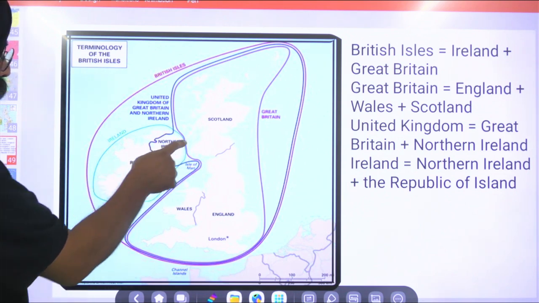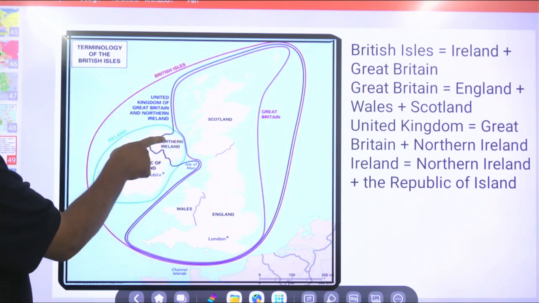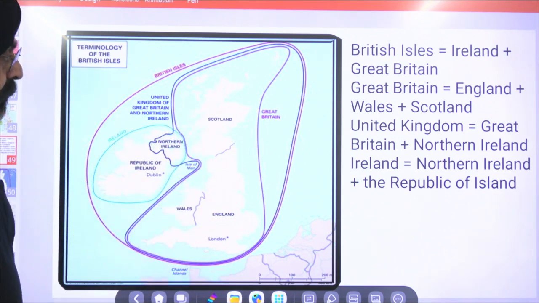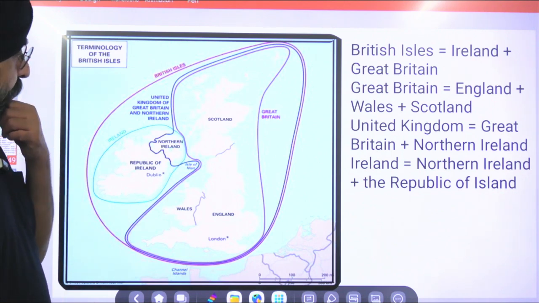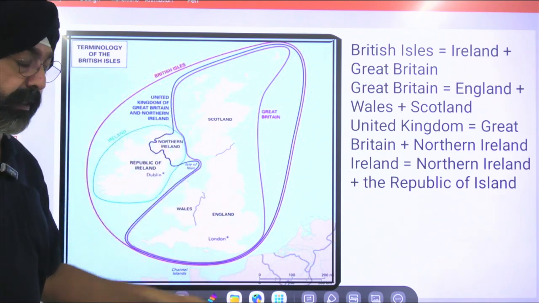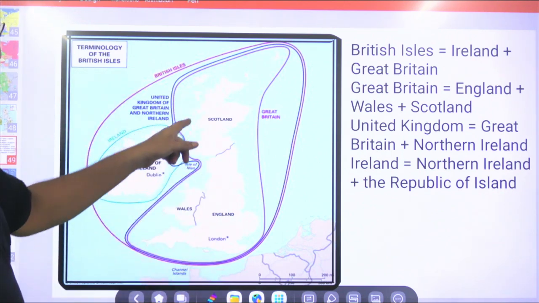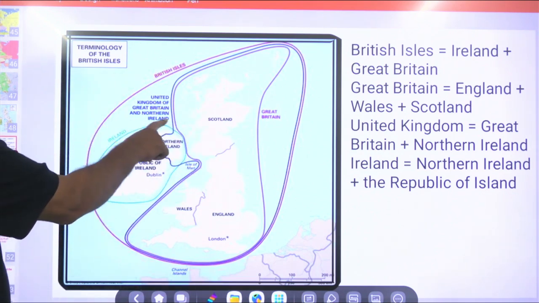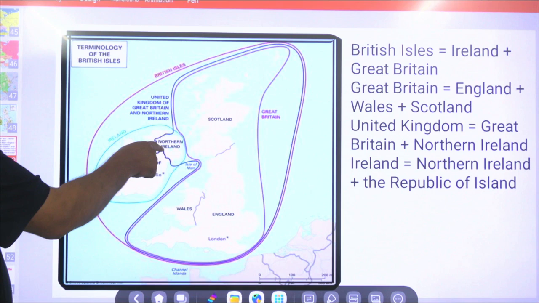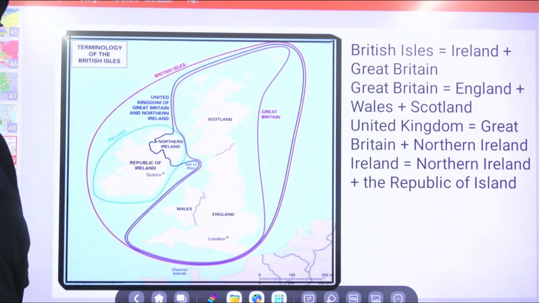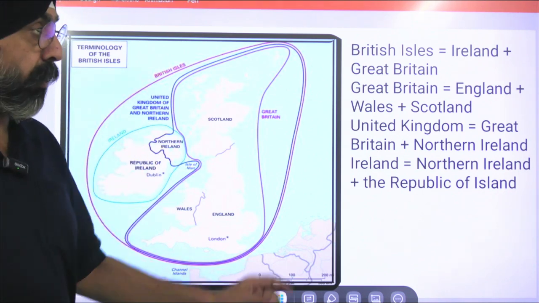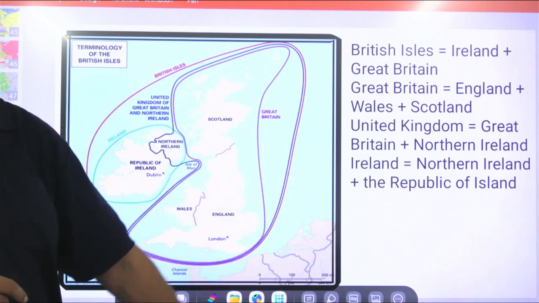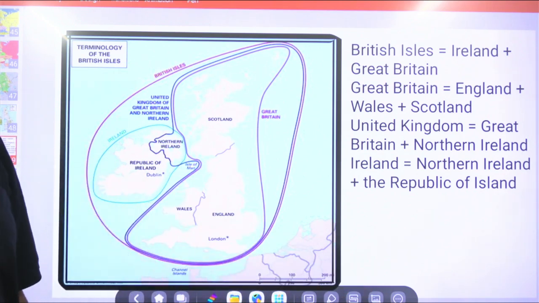But if you see the United Kingdom, it means Northern Ireland, Scotland, England and Wales. If you see only Great Britain, the 3 things, England, Wales and Scotland. This green part is Ireland. Its northern part, 6 districts, are part of the United Kingdom. All the equations are written beautifully over there. This PPT will be shared with you, right?